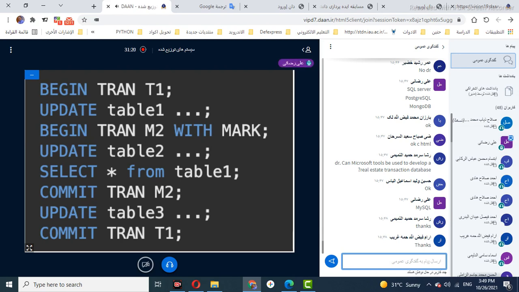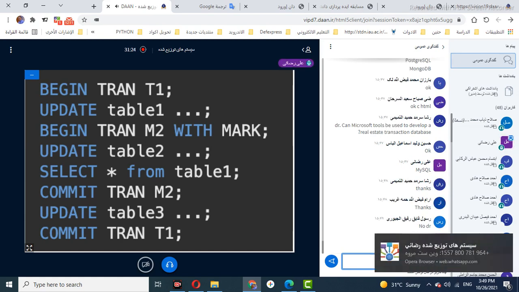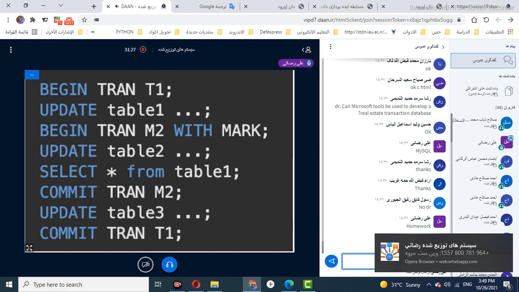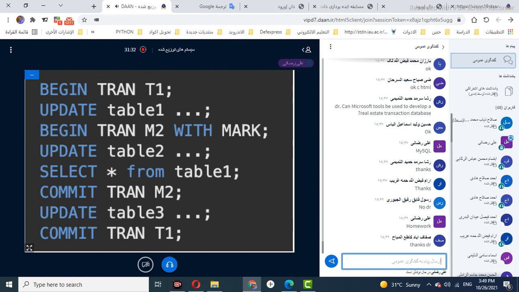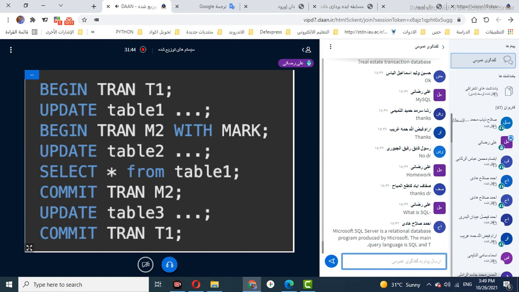Okay. Another homework for you is just see what SQL is. What is SQL? I don't want you to learn SQL with details, although I expect software engineers, computer engineers to be able to work with SQL. But here I want you to learn the basics of the concept of SQL.